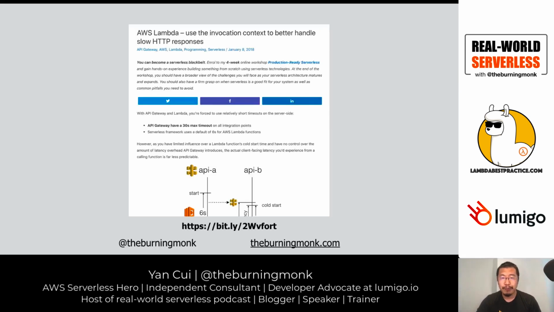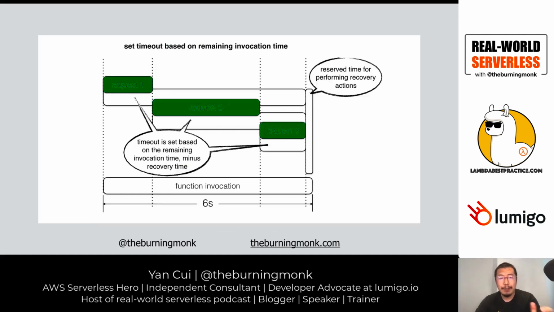Luckily for us, when it comes to Lambda, we can actually find out how much time is left in the current invocation using the context object. So I think a much better strategy for handling the HTTP requests we're making, and dealing with timeouts, is to set the HTTP timeout for every single request based on how much time is left in the current invocation.